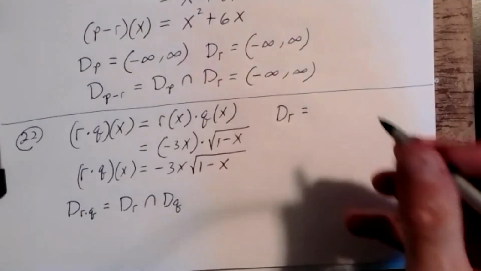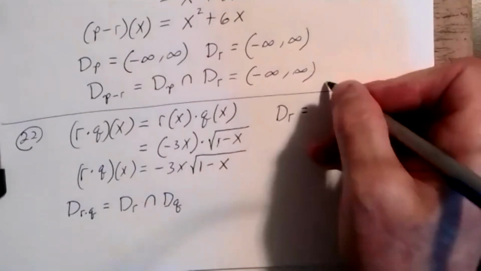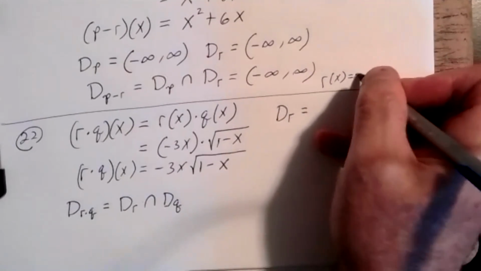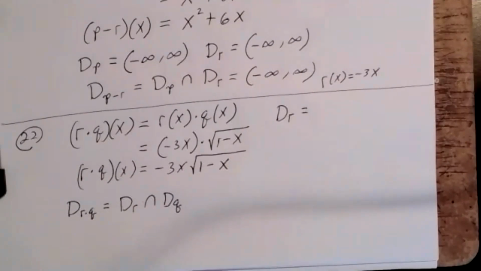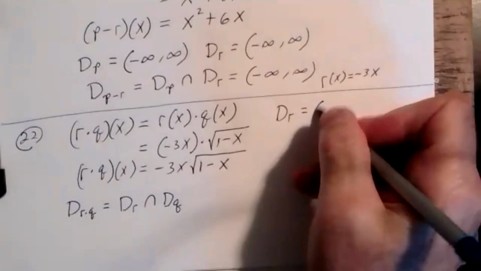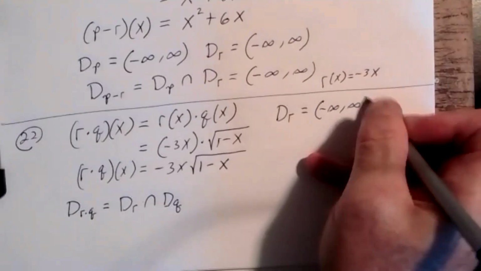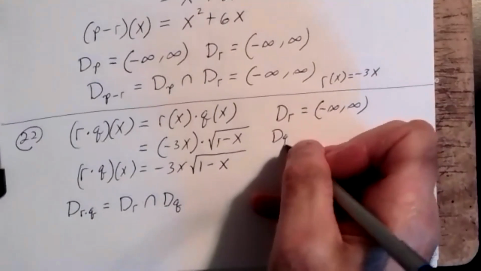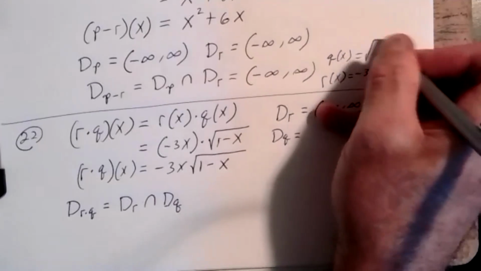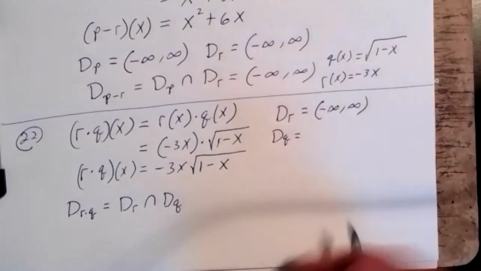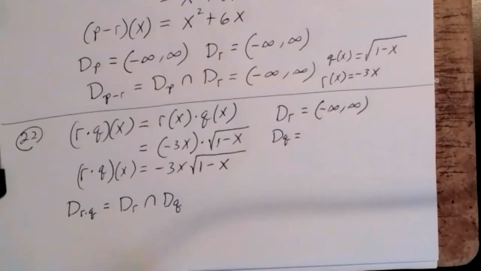Where R of X, of course, is our linear function, negative 3X. Negative 3X is a polynomial function, so its domain is all real numbers. What's the domain of function Q? Where Q of X is the square root function of 1 minus X. What's the domain of the square root of 1 minus X?